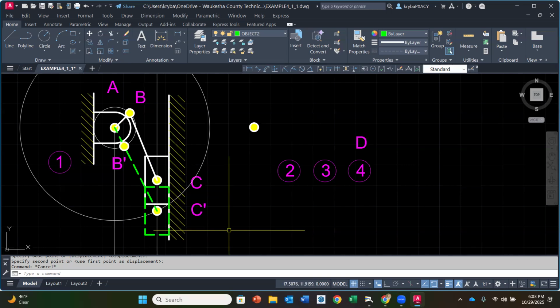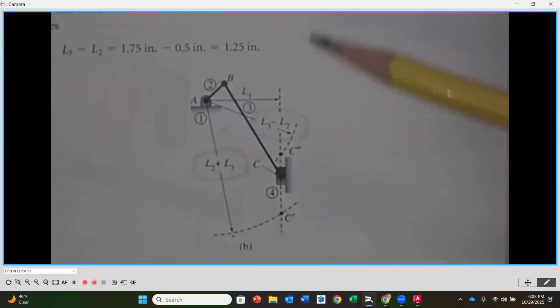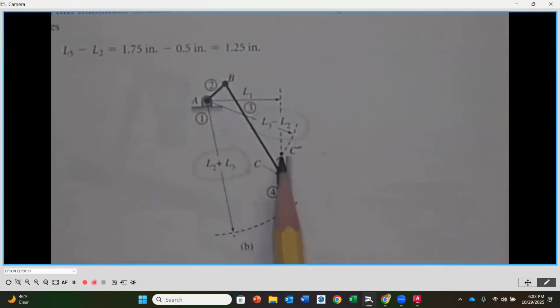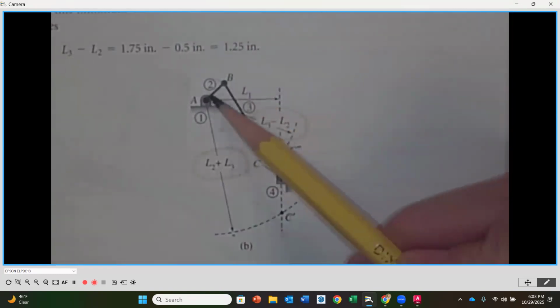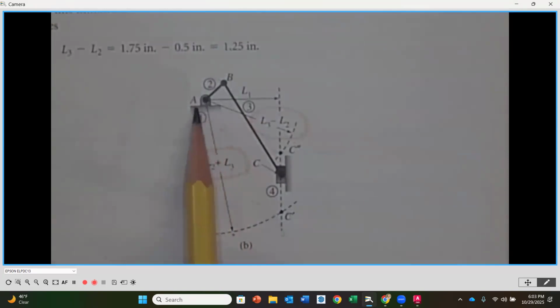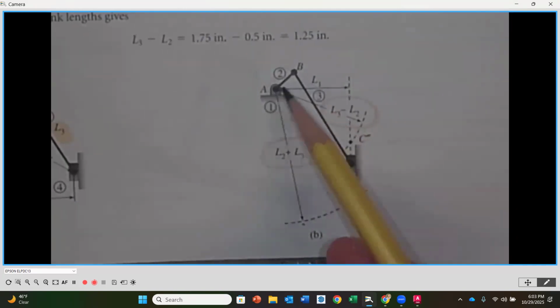Now what we want to do is we want to find what's the furthest up position. So if we go back underneath our camera here, you're going to notice that we see the furthest up position, C prime prime, and that is going to be a radius where we take the length of link number 3 and we subtract link number 2, because what's going to happen is as it comes around, it's going to be overlapped here, okay? So we're going to take 1.75 minus a half an inch.